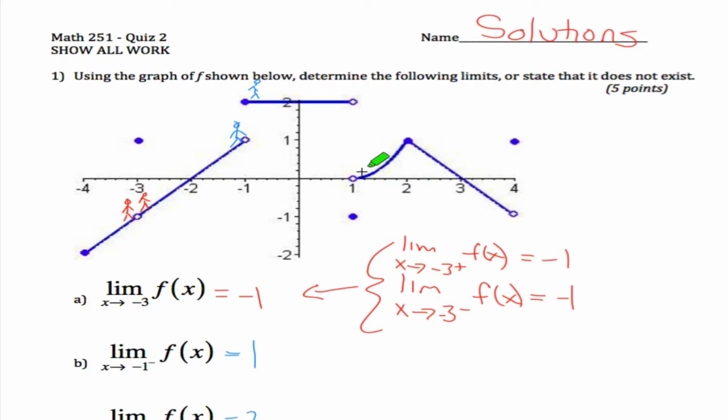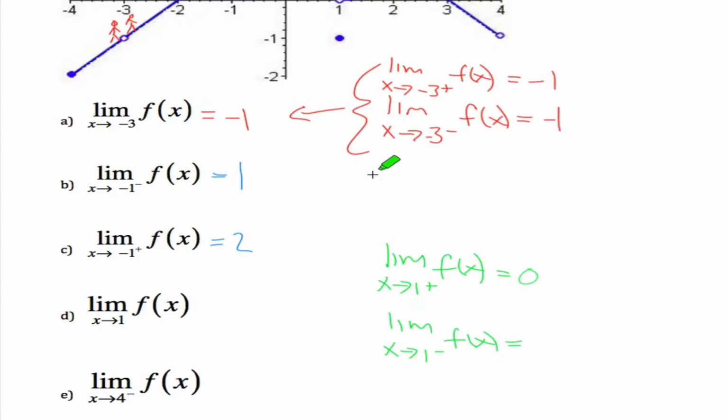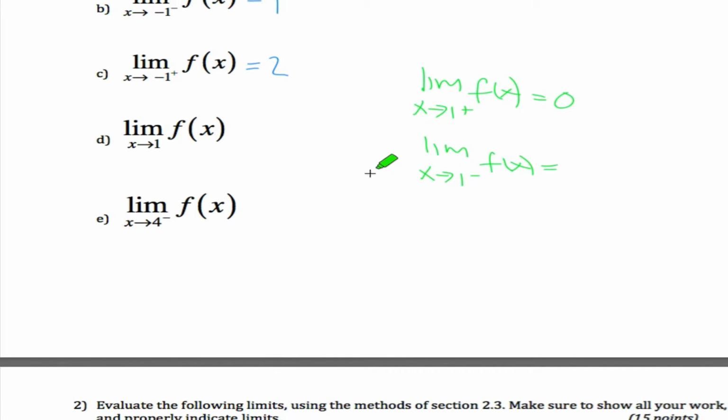From the positive side, if I'm slightly bigger than 1, I'm hanging out right here, so my height is getting really close to 0. So this would be 0. From the negative side, I'm slightly less than 1, so I'm standing up here. The height appears to be 2.